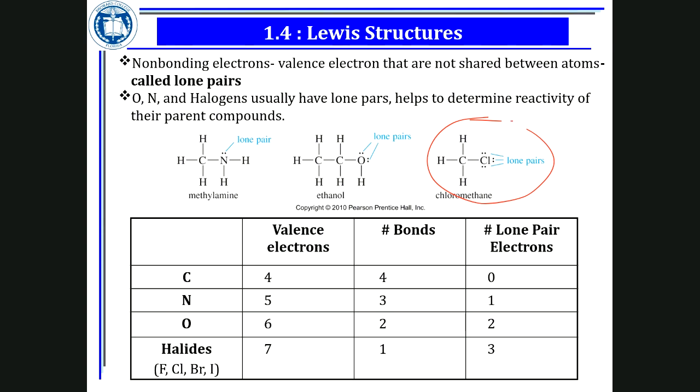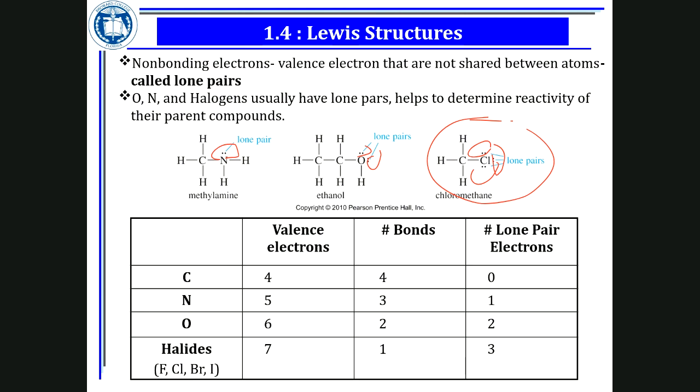If you're comparing the Lewis structure for methylamine compared to ethanol, compared to chloromethane, we talked about these Lewis structures and the pairs of unshared electrons yesterday. Methylamine has one pair, one lone pair. Alcohol has two, and alkyl halide, or chloromethane in this case, has three lone pair.